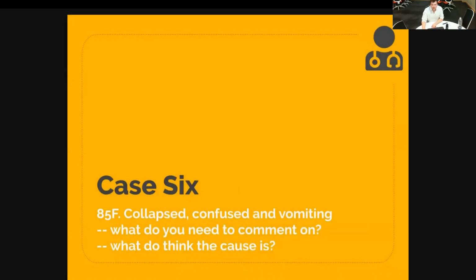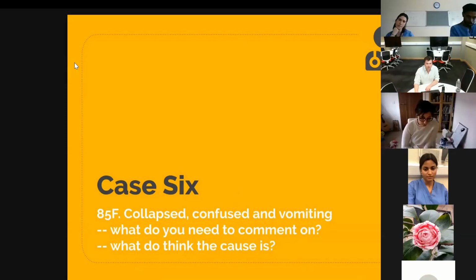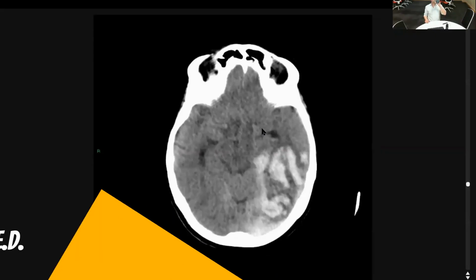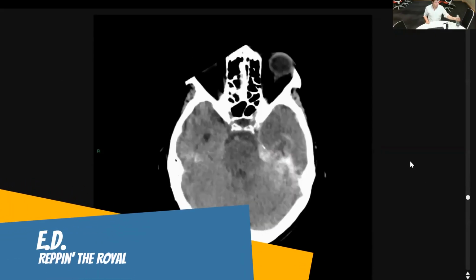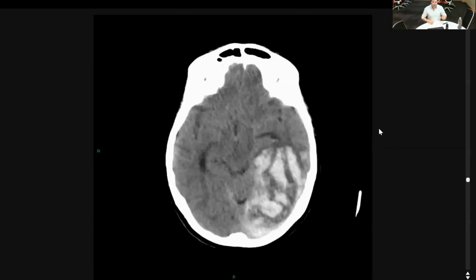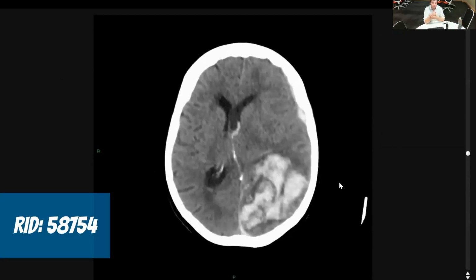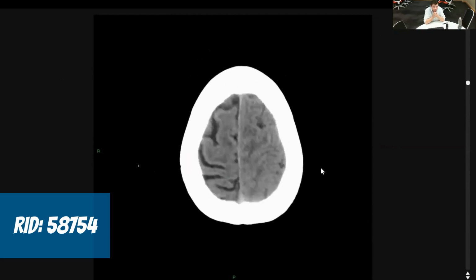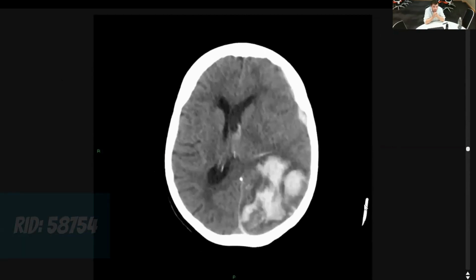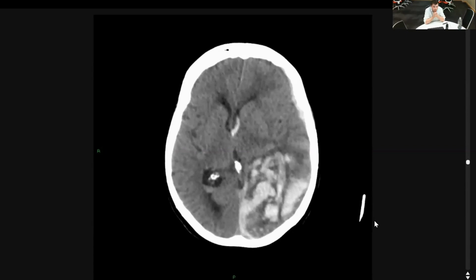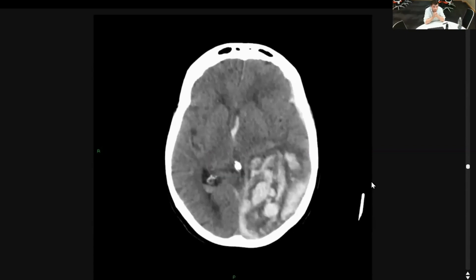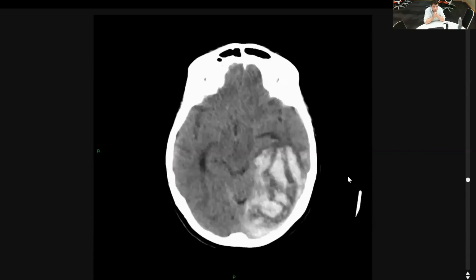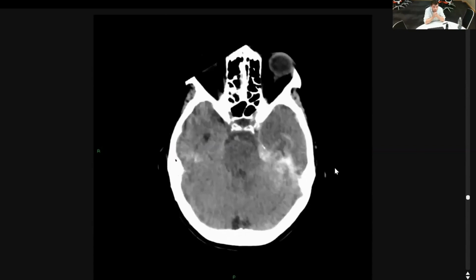So our last case, and so this is an older patient, collapsed, confused, and vomiting. And we're saying, what do we need to comment on, and what do we think the cause is? So we have a left-sided mainly parietal, occipital, parenchymal hemorrhage.